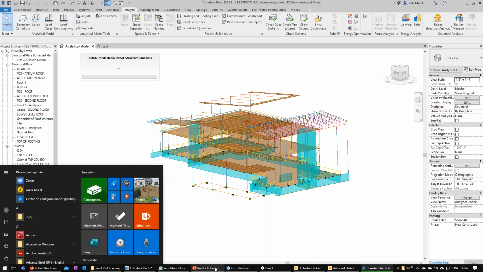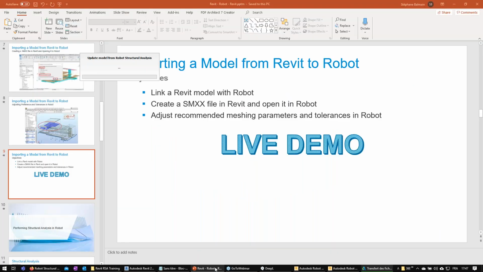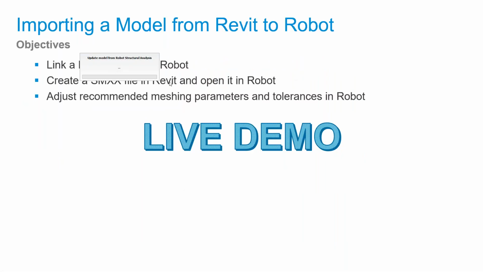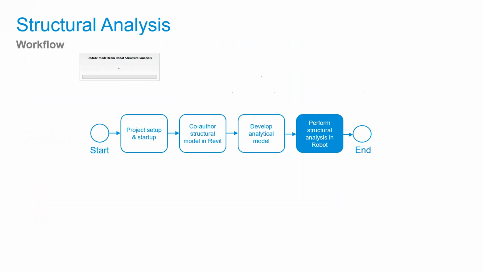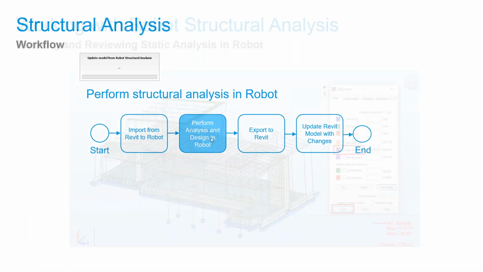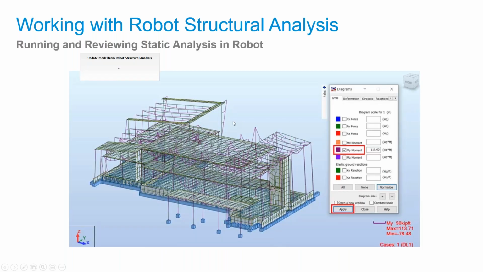So during this time, I will summarize what I have done here. After here, I have performed analysis and design in Robot. At first, I look at my FEM results, stress, bending moment, constraint.